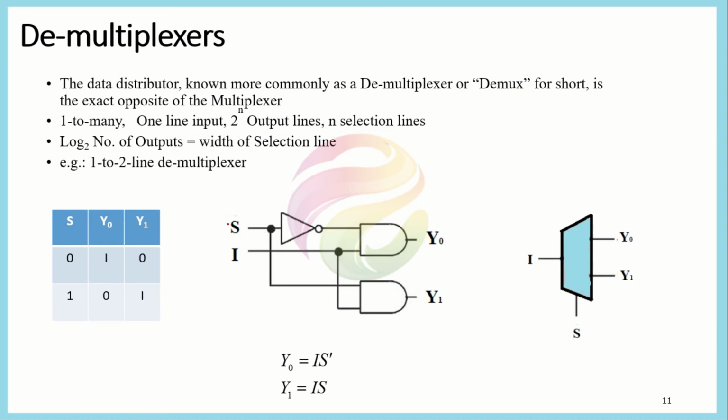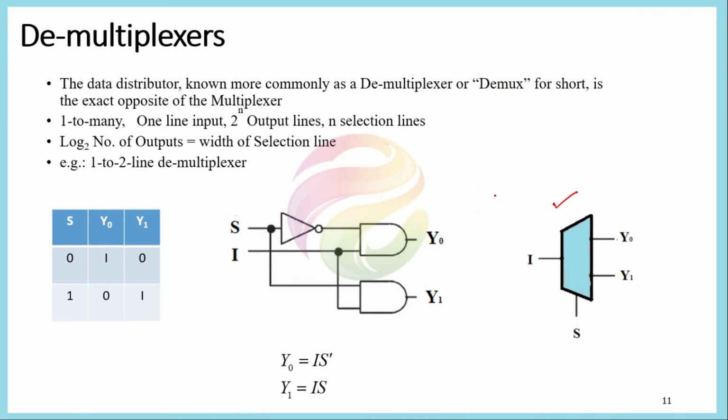And now we will be discussing another important concept, which is known as the demux or the de-multiplexer. It is basically called the data distributor, and it is exactly the opposite of what we discussed in the multiplexer. It is defined as a one-to-many system, because in the symbolic or block diagram representation, it has one input connected to multiple outputs.